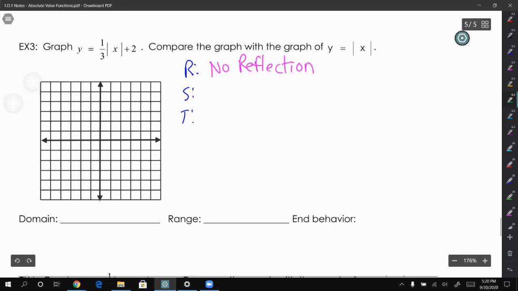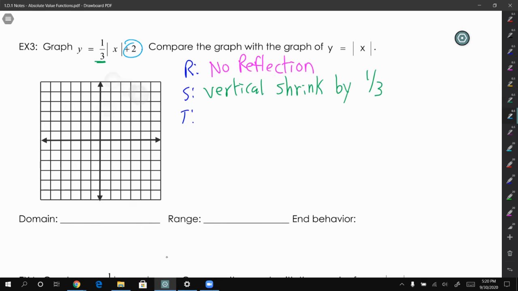Then shrink or stretch. This is a 1/3, so it's a vertical shrink by 1/3. And the translation, since this 2 is outside the absolute value at the very end, we are translated up 2.